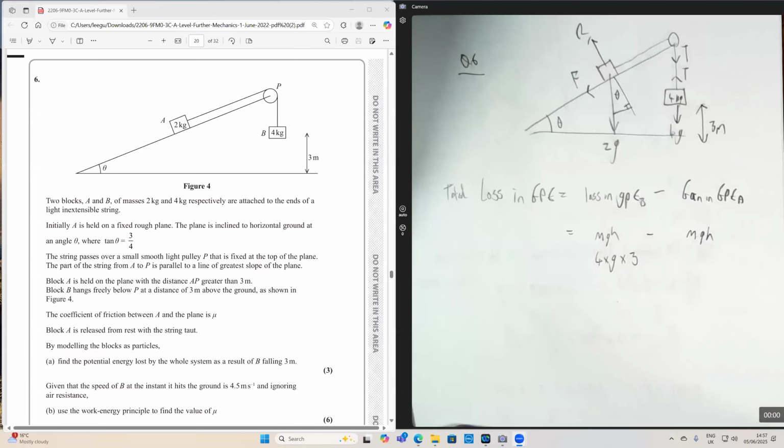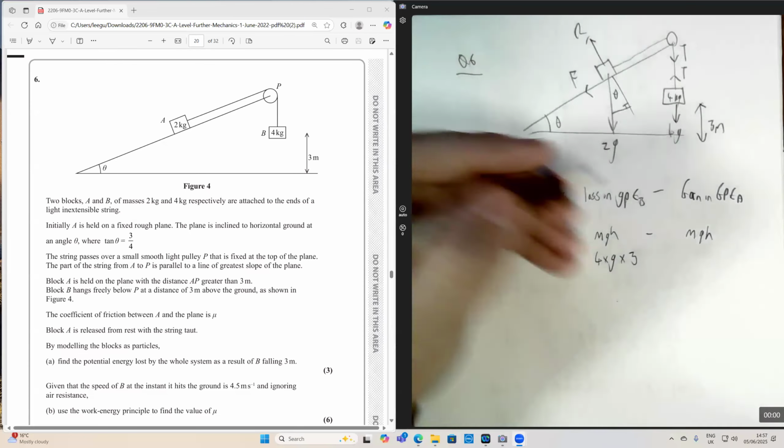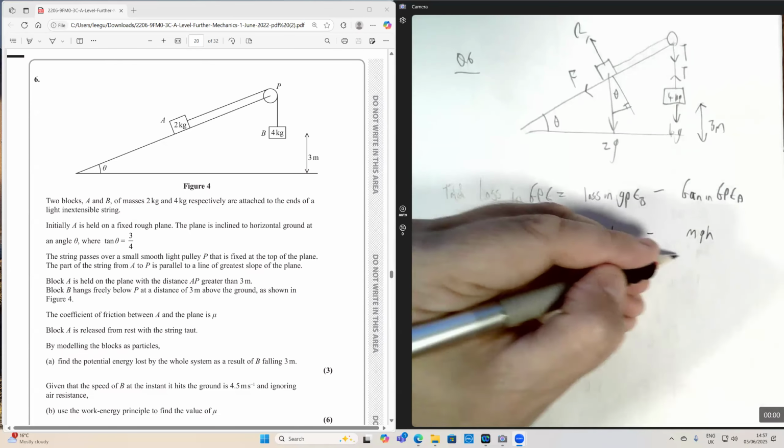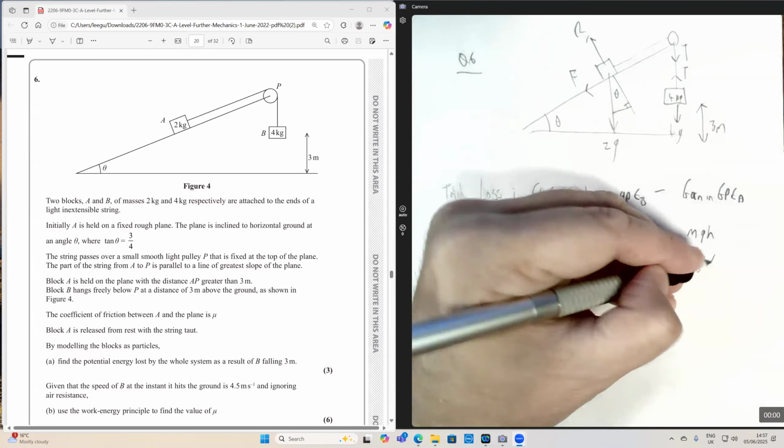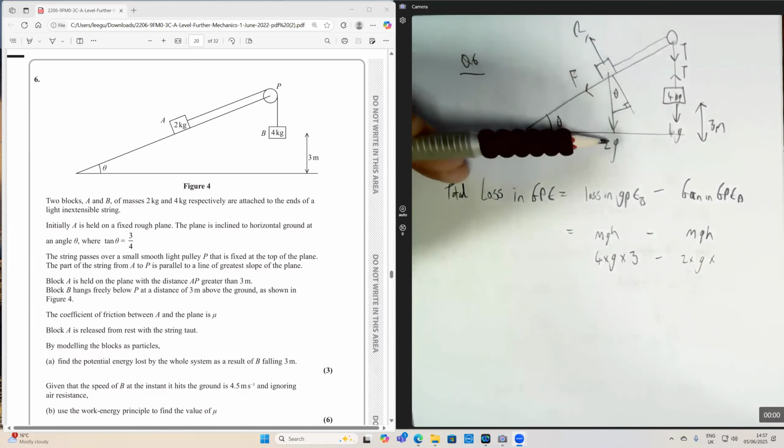Let's have a look at this. So what have we got? The gain in gravitational potential energy is going to be mass, which is 2, times g, times h. Let's just think about what h is going to be.